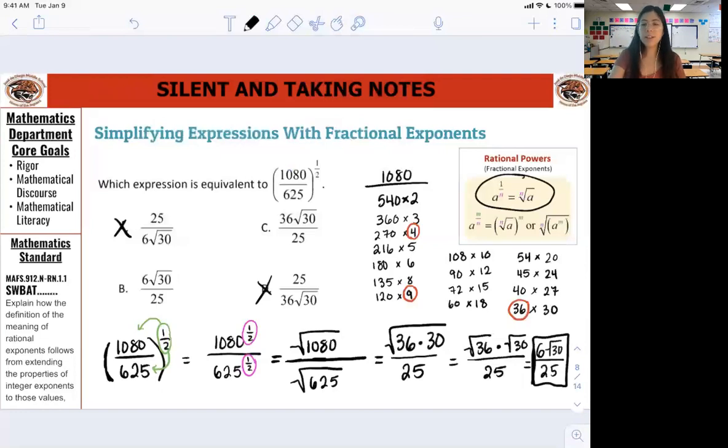So what I can do is I can do 1080 divided by, let's say, 9. Okay, so 9 works. Then I try it again, 1080 divided by 16. 16 doesn't work. 1080 divided by 25. Nope. 1080 divided by 36.